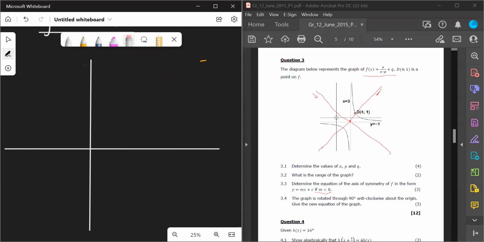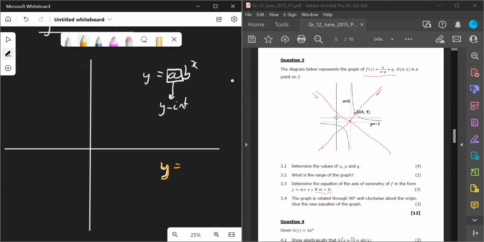The general formula of the exponential graph is y = ab^x, where a determines your y-intercept, and b determines the steepness of the graph.